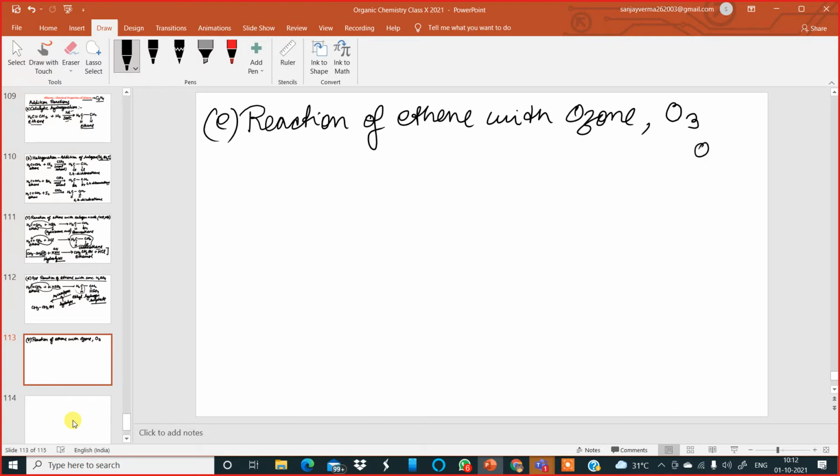If you talk about the structural formula, then the structural formula is something like this, containing 3 oxygen atoms. Now, if I proceed to write down the chemical reaction, the chemical equation is like this: H2C double bond CH2, this is ethene, reacting with ozone.